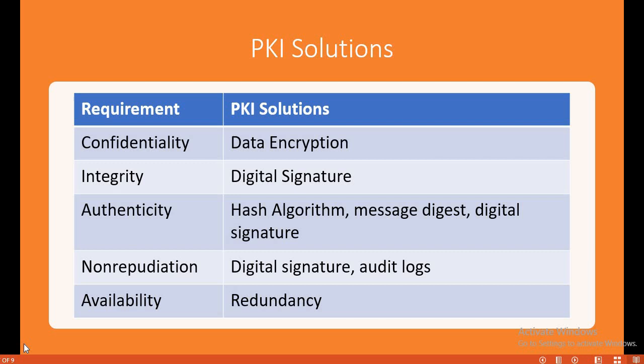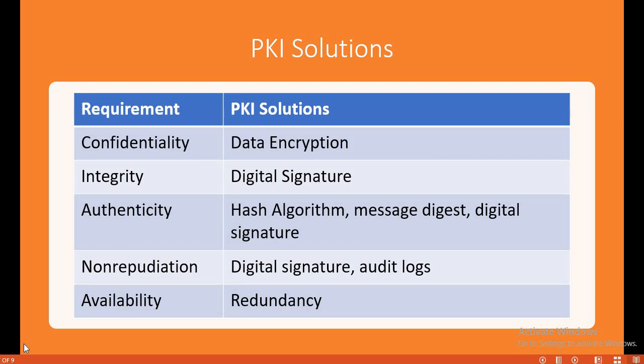The fourth one is non-repudiation. Non-repudiation means the sender cannot deny that he sent the data, because in a large financial organization, where data confidentiality is a topmost priority, we use digital signatures or audit logs to achieve this.